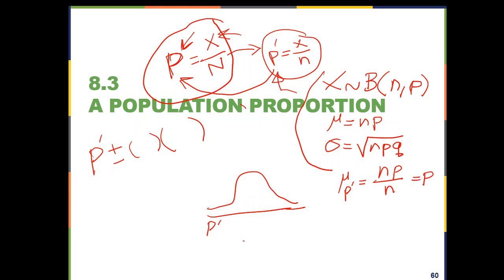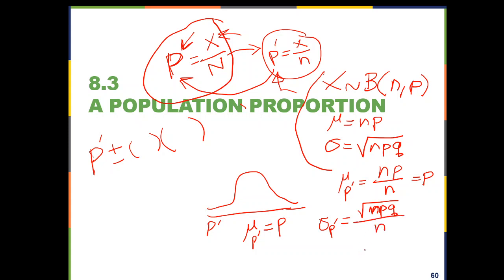So the mean of p primes is just p of the population, and the standard deviation of p primes would be the standard deviation of x divided by n, so the square root of npq, divided by n.